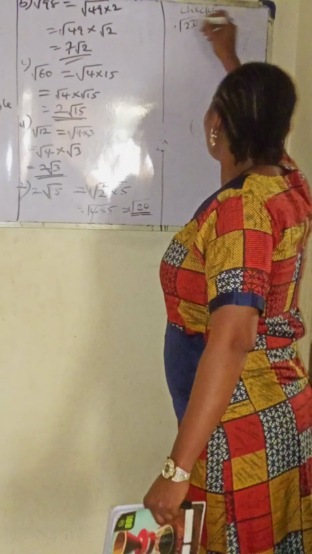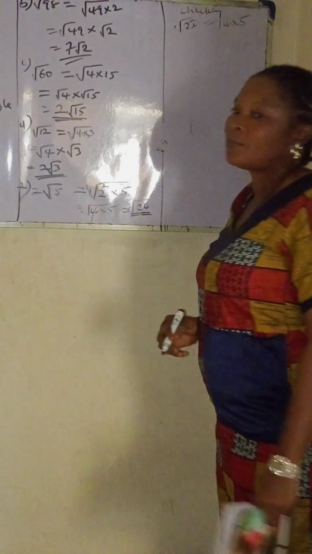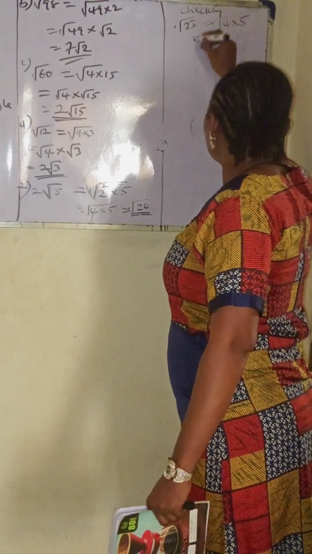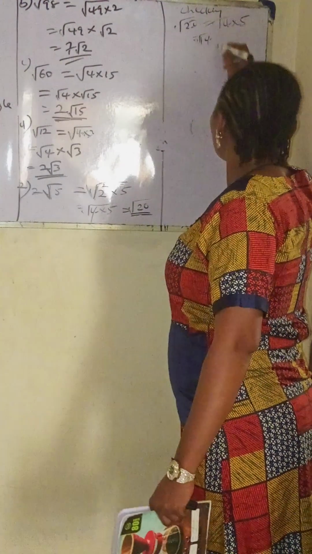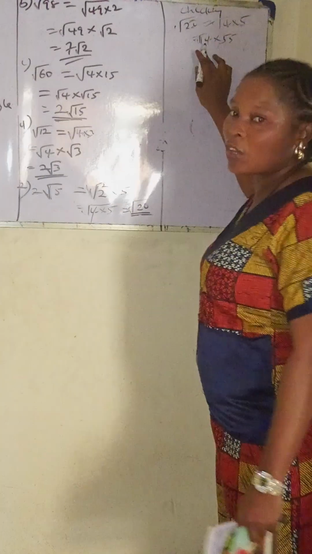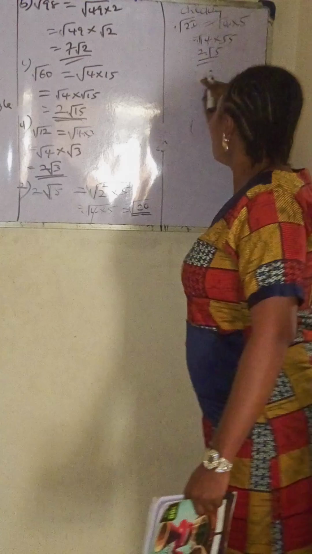So I'm going to say, for me to get 20, it is going to be 4 times 5. 4 times 5 will give us 20. So I'm going to split each of them into their various surds, which was surd 4 times surd 5. Surd 4 will give us 2, then times surd 5. So this is my answer.